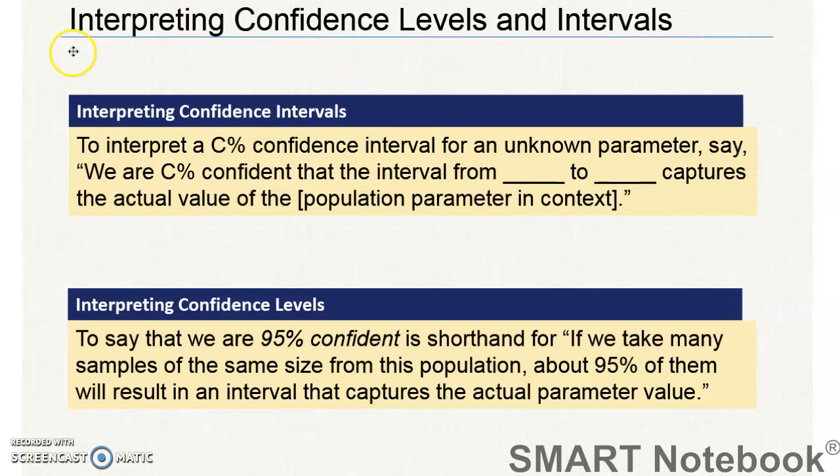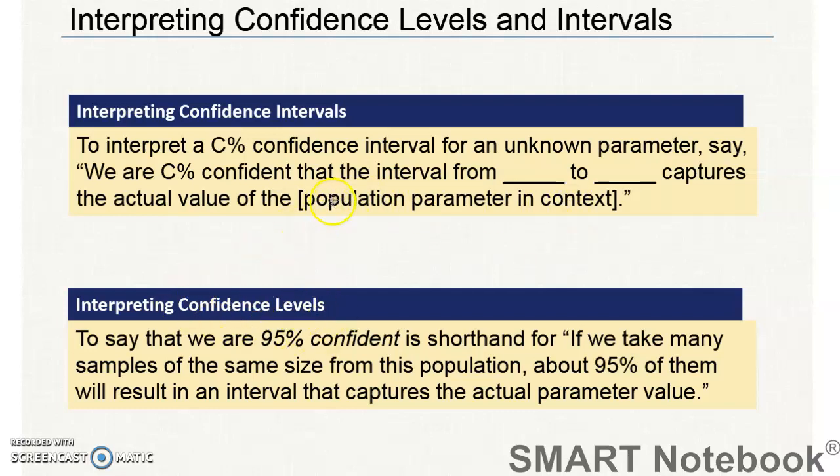How do you interpret a confidence interval and a confidence level? In this course they always want you to use specific words. These words say what we want to say. In this case, we are 95% confident that the interval from some number to some number captures the actual value of the population parameter, in our case the mean that was put into the calculator.